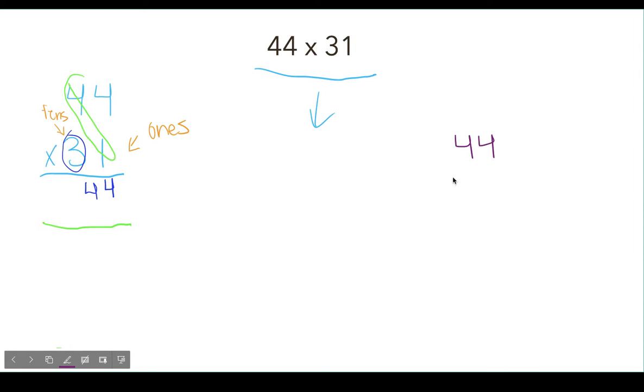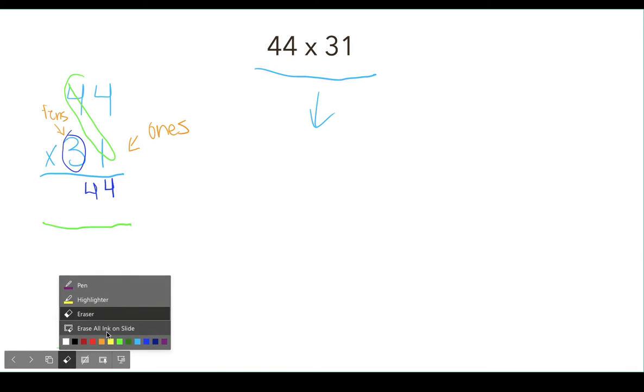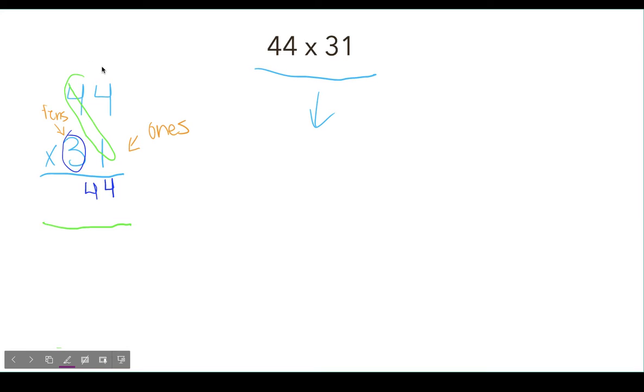Underneath that, we're solving for the tens place. This was the ones place, but now we're solving for the tens place. So we don't necessarily have a ones place. Instead, we're just going to put a 0 and then whatever our answer comes out to be. Got it? Great. Perfect.